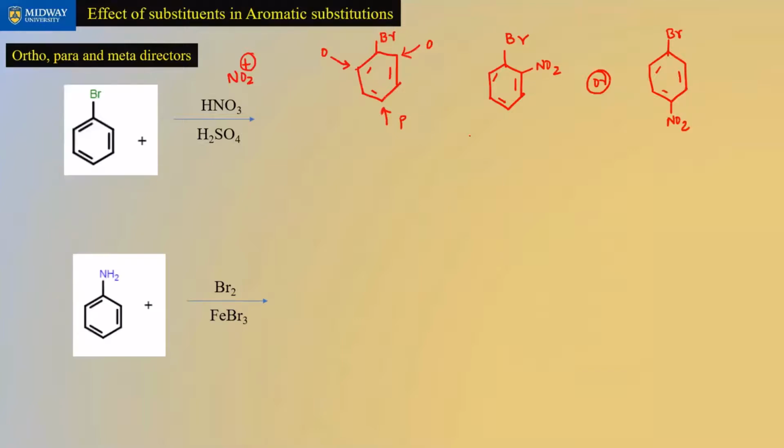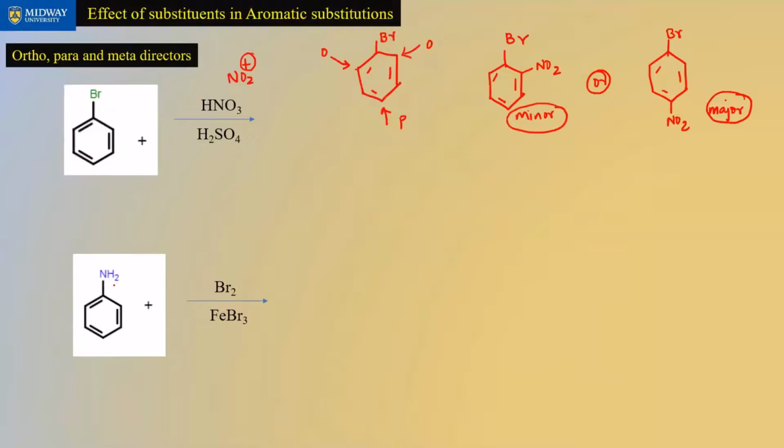The NO2 plus could have gone to this position or this position. Writing it on the other side is the same as this one. Now there's a rule that says if groups are further apart, they're more stable than when they're right next to each other. So this would be the major product because the 2 groups are further apart. This would be the minor product.